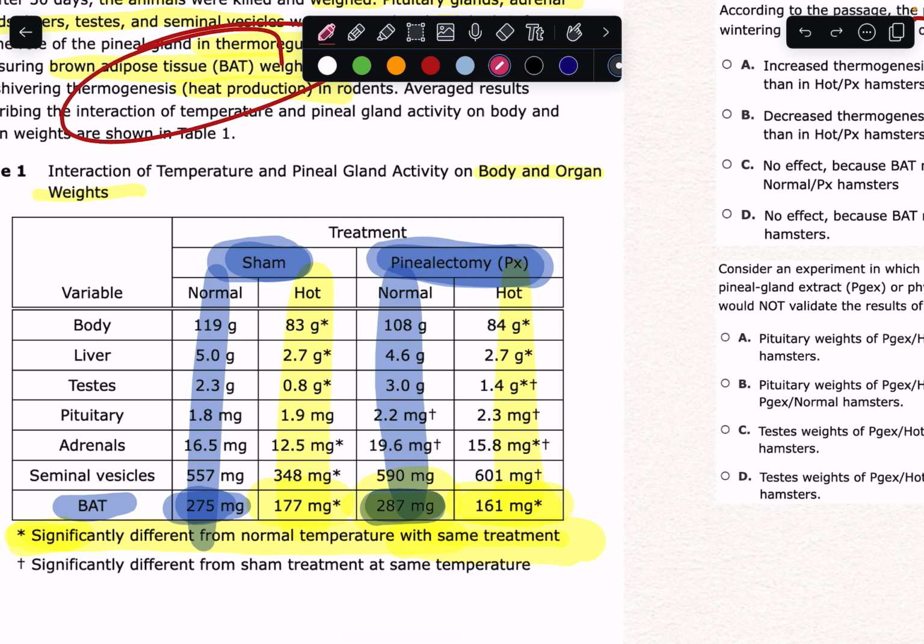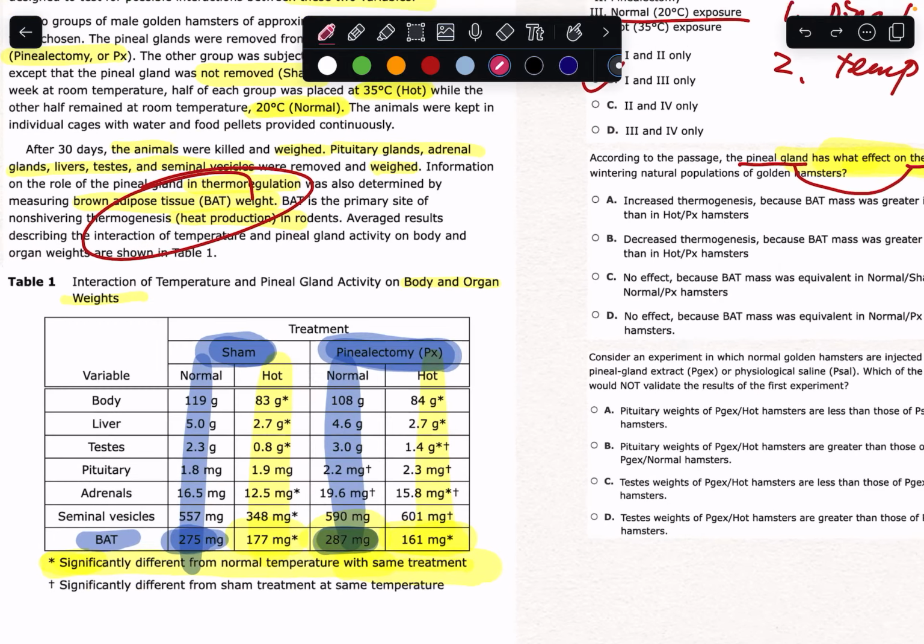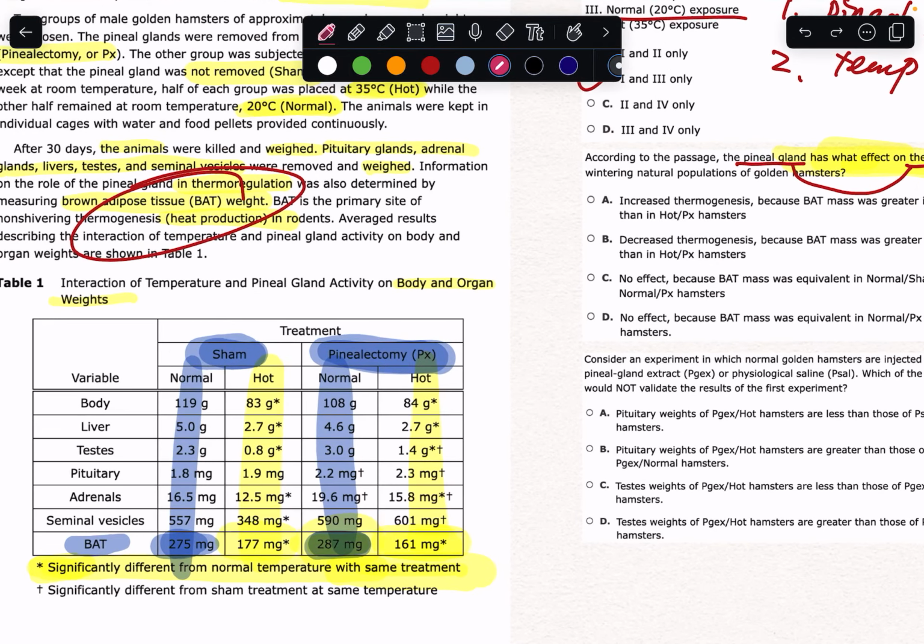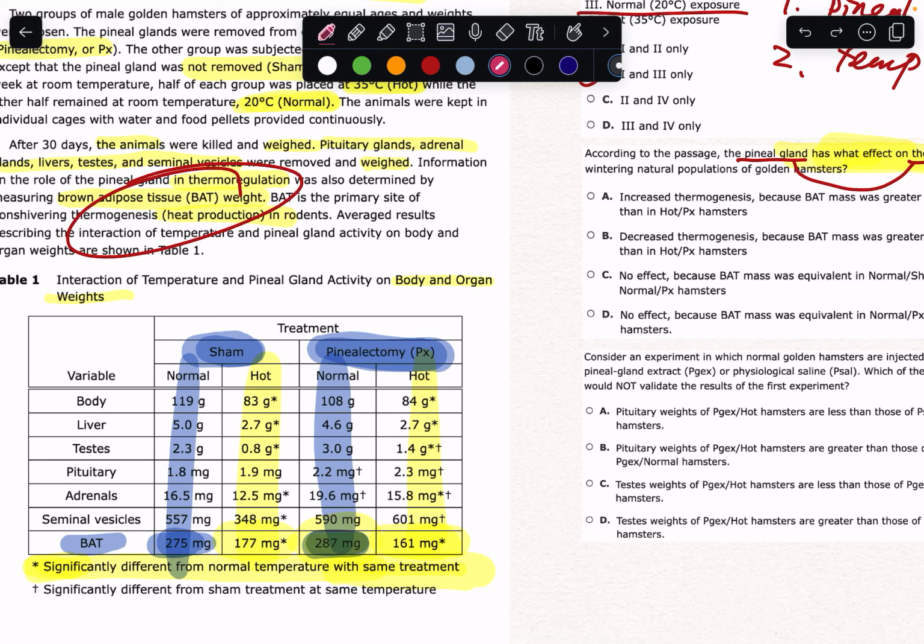So I really cannot say 161 is significantly smaller than 177. Then I can't say there's a significant difference, and then I can't say there's an experimental effect, okay? So from this analysis, I can say sham or PX has no significant effect on BAT mass, aka thermogenesis. So I can cross out A and B if I analyze the table first, okay?